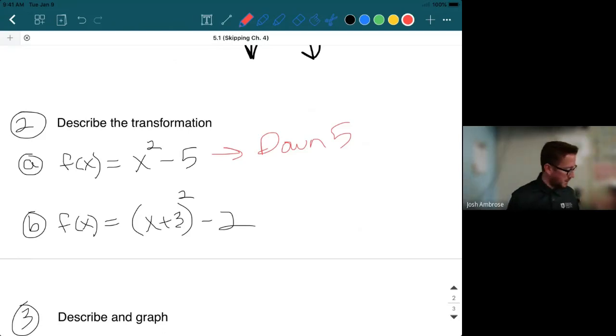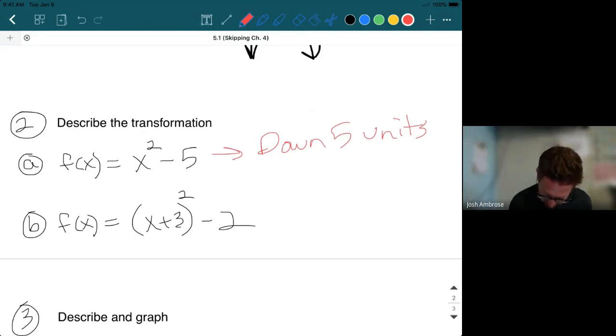That's it. So when we're talking about the translation down 5, or down 5 units, I know the book likes to make sure to say something specific about what's happening here, 5 units. So let's take a look at part B for number 2. There's 2 things that you should notice. One thing you should notice is that minus 2 on the outside of the parentheses.